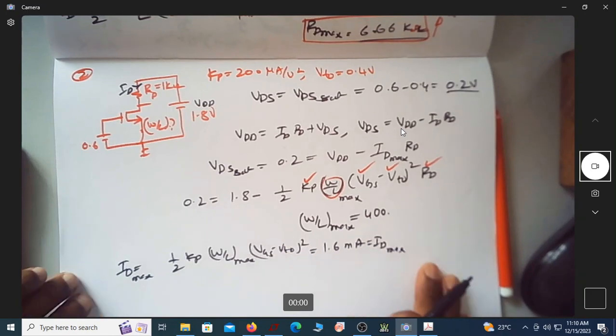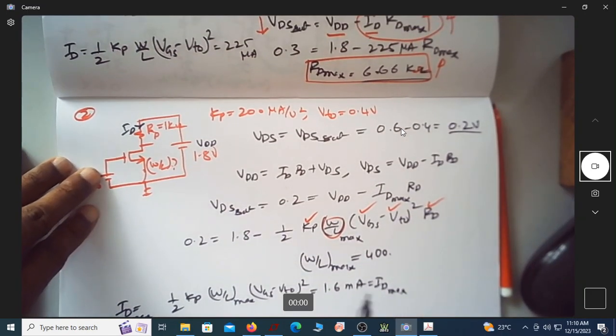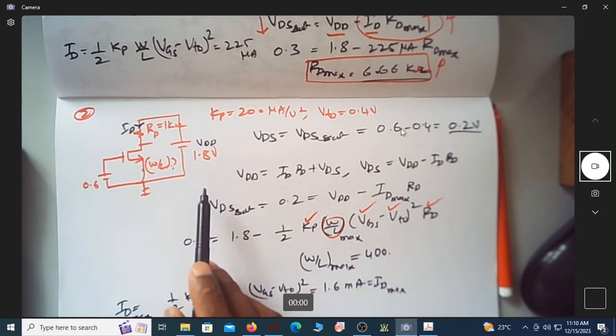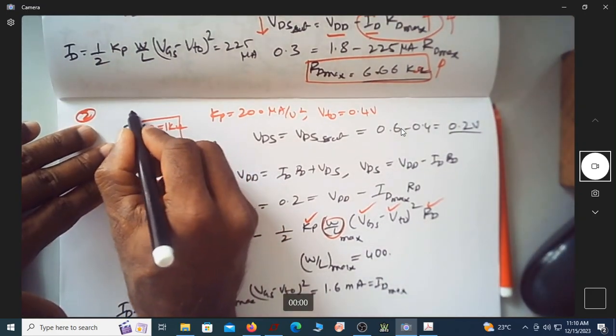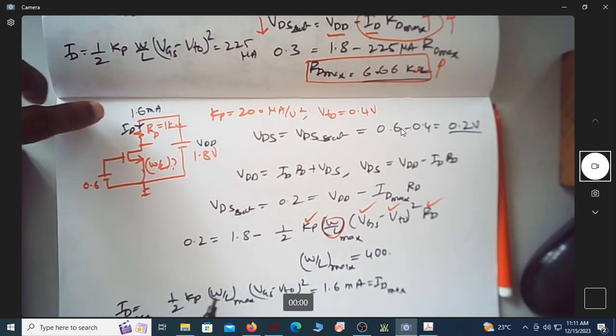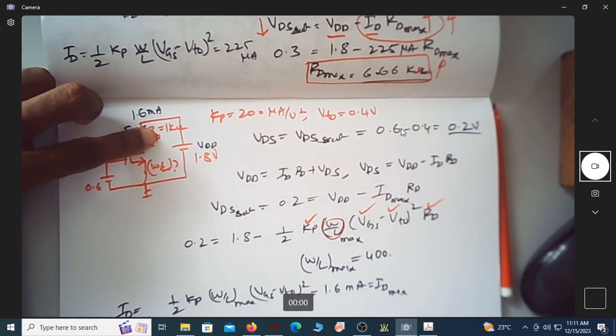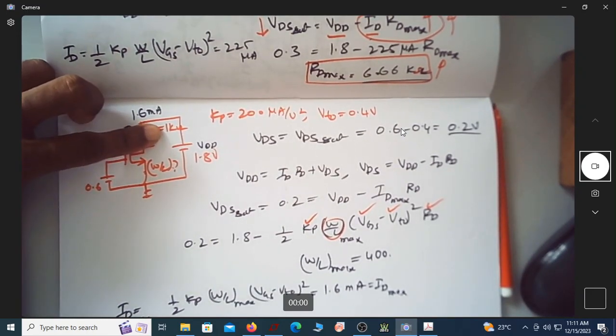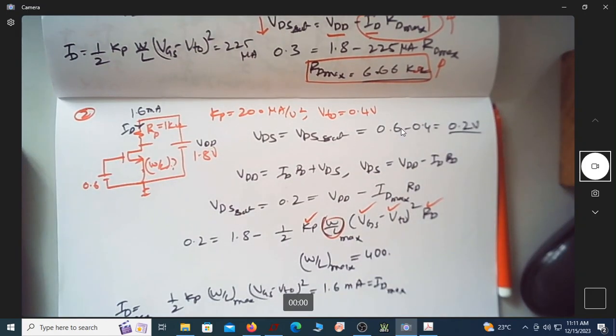If you carefully note, if the current flowing through this is 1.6 milliampere, then what is 1.6 milliampere into 1k? Is it not 1.6 volts? So ID into RD will become 1.6 volts. VDD is equal to 1.8 volt.